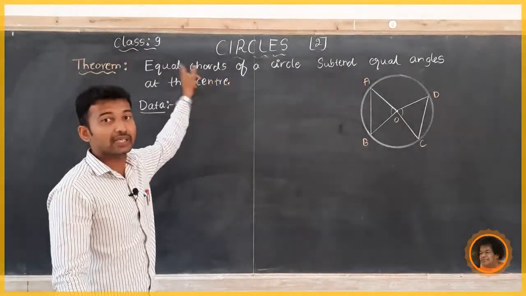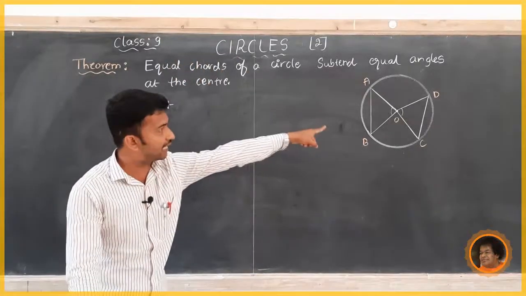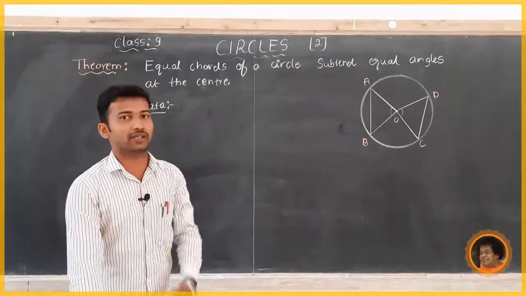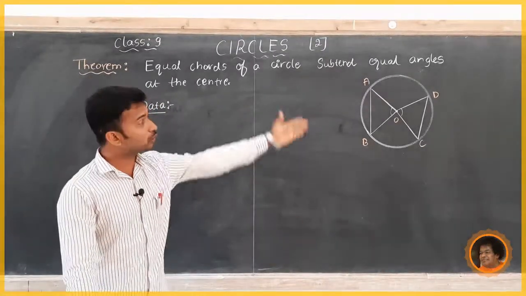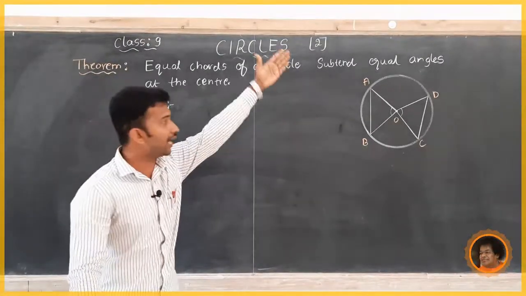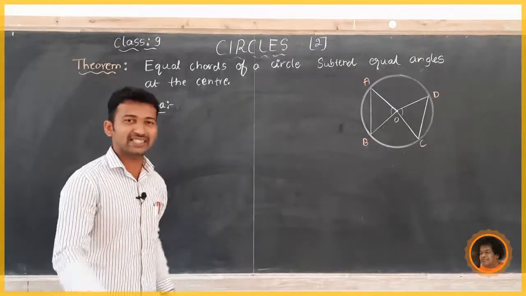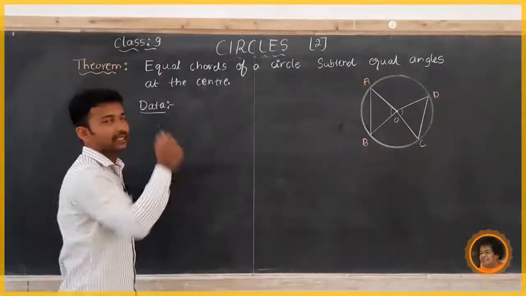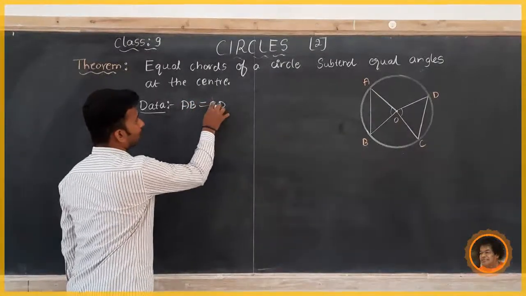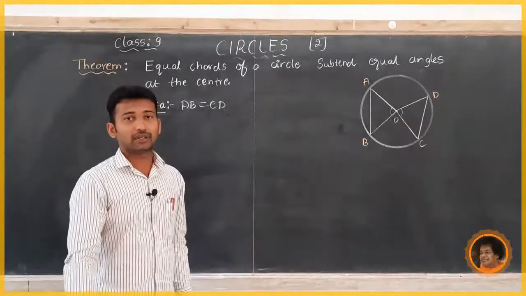In the circle, there are 2 equal chords. What are the 2 equal chords in the given figure? We have AB and CD as the 2 equal chords. So this is the data in the theorem. Write AB equal to CD. AB equal to CD is the data which is given in the theorem.